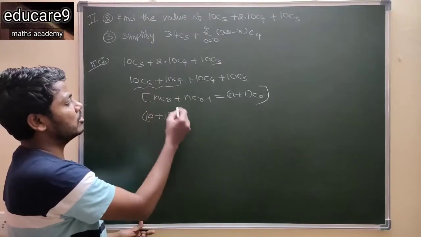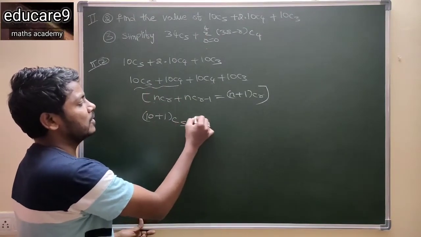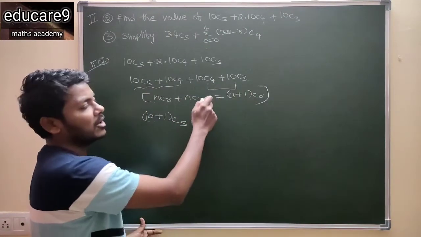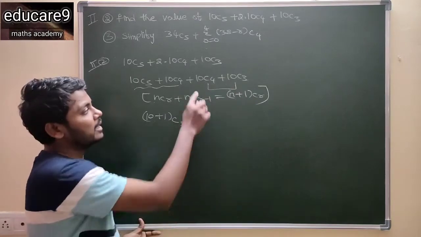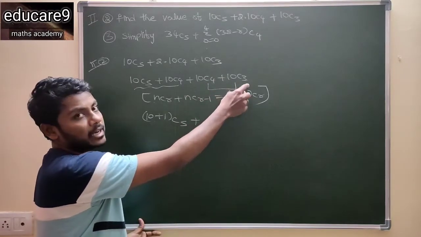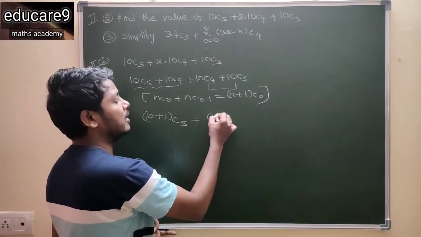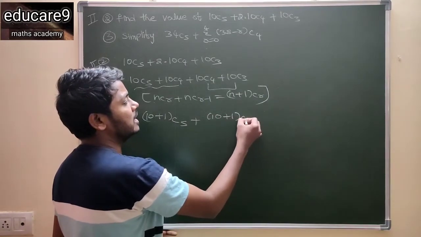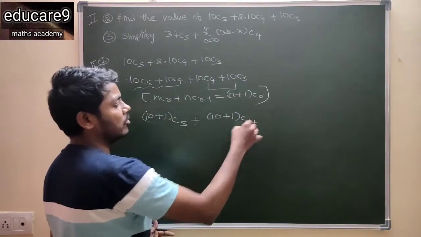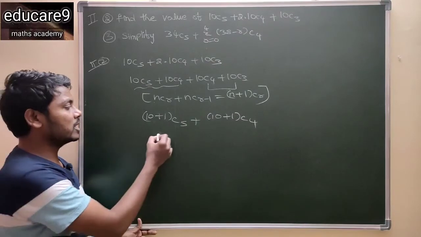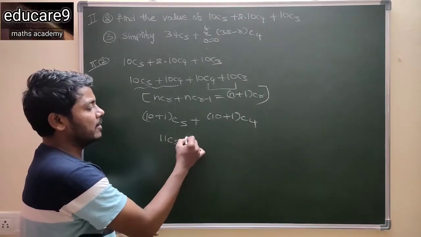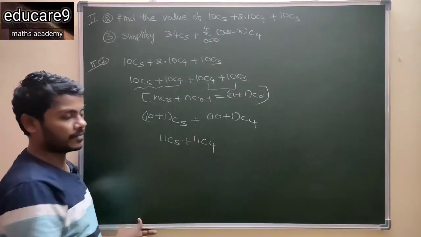What is the r value? 5. Plus, again we have to apply this formula for the next 2 terms, nCr plus nC(r minus 1), again (n plus 1)Cr. The r value is 4. So this is 11C5 plus 11C4.